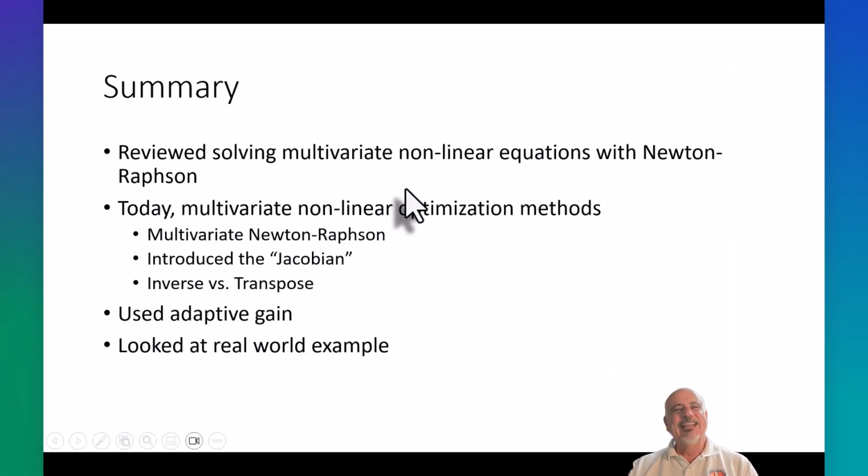So anyway, we looked at multivariate nonlinear optimization. We looked at using Newton-Raphson. We looked at using the Jacobian. Inverse would be Newton-Raphson. Transpose would be steepest descent. We talked about using an adaptive gain, and then we finally looked at the tire iron, a real world example.